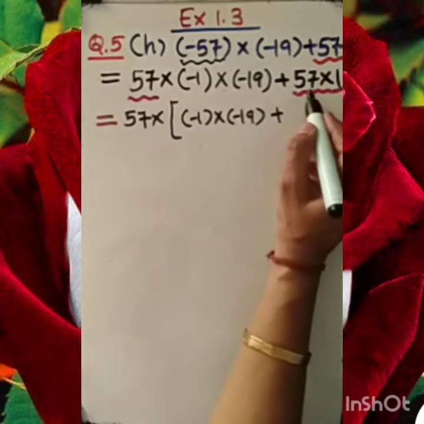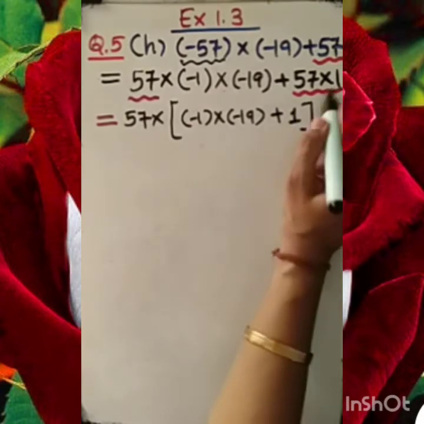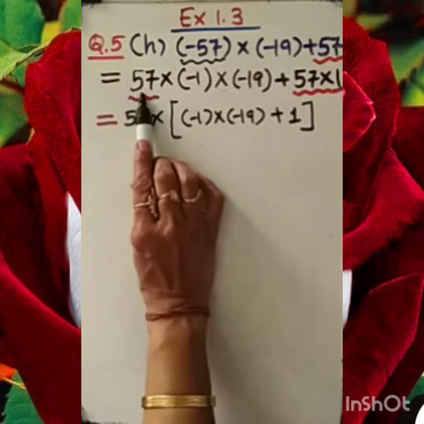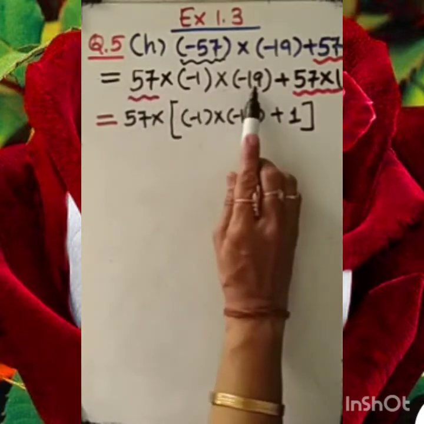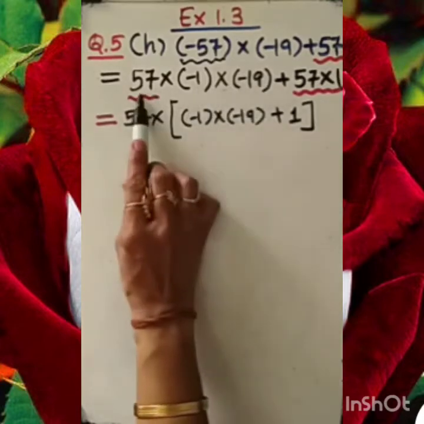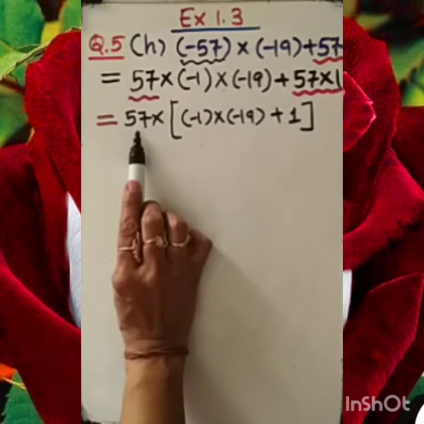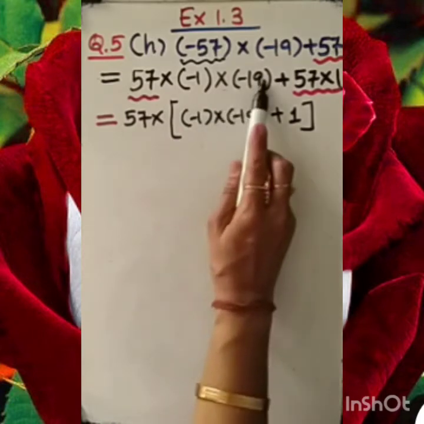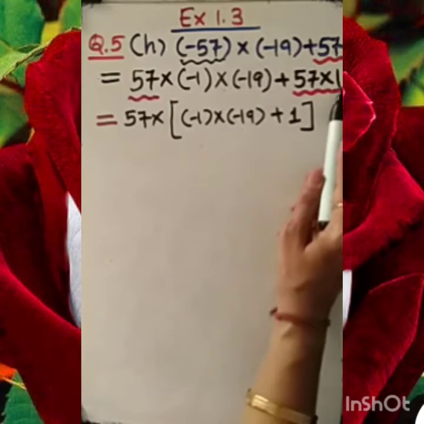And if I take out 57 common, then here it will be 1 left. Once again I am explaining. Look at your screen. 57 is here. Minus 1, minus 19. Out of these three terms, this 57 and 57 are present in both of these terms, so I am taking it common. What will be left inside? Minus 1, minus 19 will be left. And of course, plus 1 will be here.